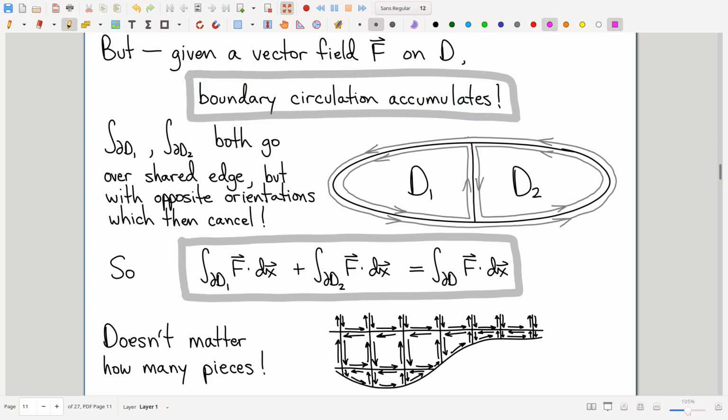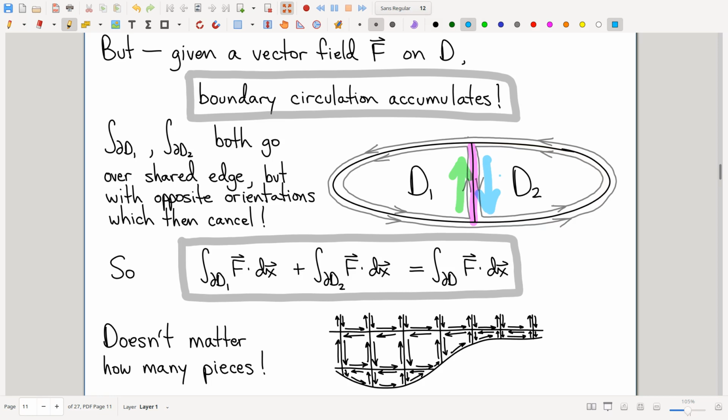Seems like when you slice your original region into two separate pieces that you're adding boundary. And therefore adding boundary circulation. The thing is, the boundary circulation you're adding for the left is oriented that way. The boundary circulation you're adding for the right is oriented that way. Following the same convention on boundary orientations.